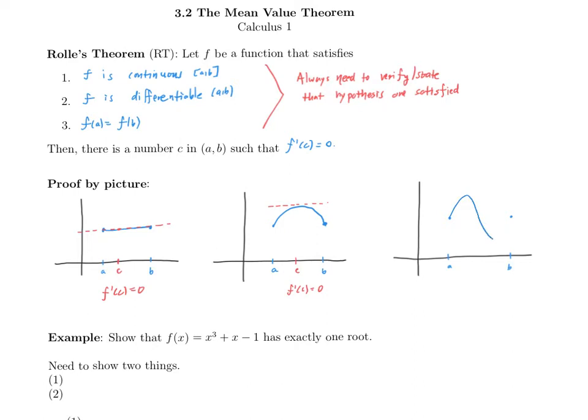In fact, you could have as many as you want by just getting in that corresponding number of local maximums and local minimums. So in this picture, we can see approximately a c1 and a c2 value corresponding to these local maxes and local mins we see, and in either case, f prime of c1 is 0, and f prime of c2 is equal to 0.